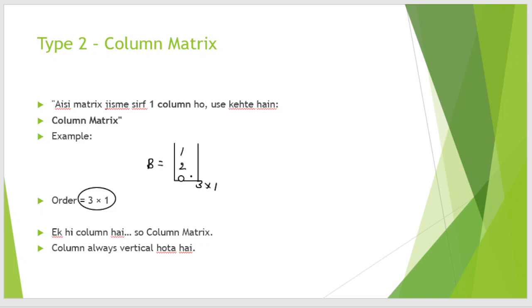So these are the 3 rows and only one column. So order of this matrix is 3 by 1. I hope this is clear.